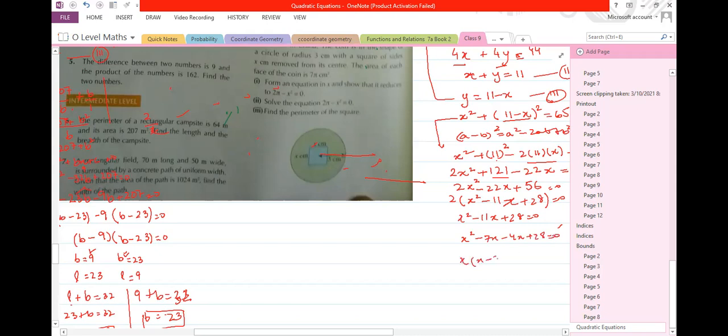So x minus 4 and x minus 7. So x is equal to 4, x is equal to 7. There are two values you'll get. Okay, any problem in this?